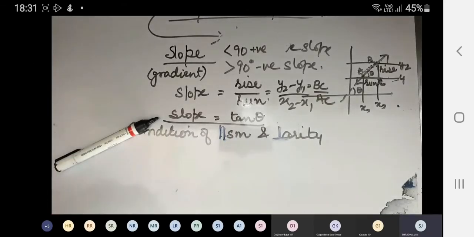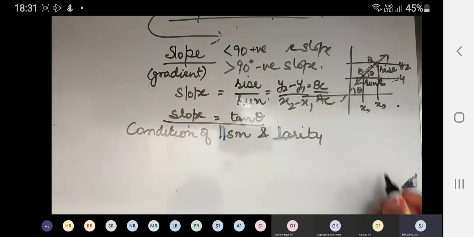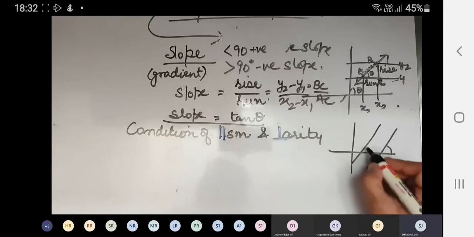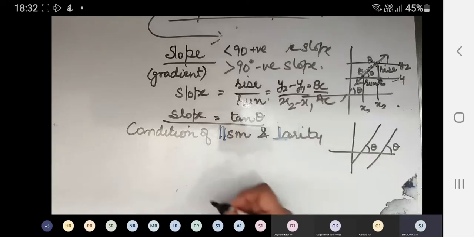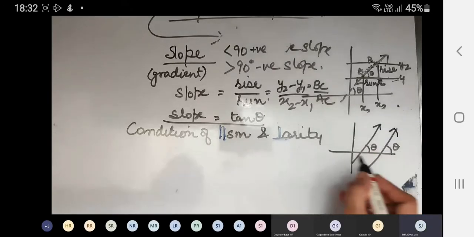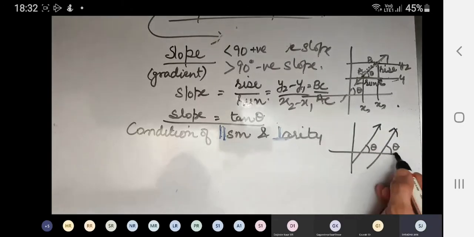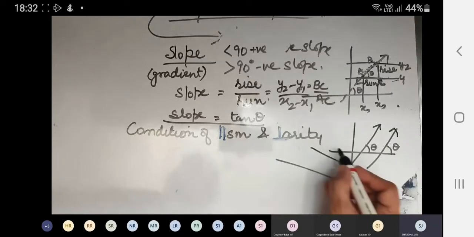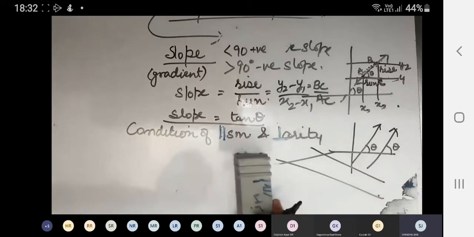When will two lines be called parallel? They have equal corresponding angles. Equal corresponding angles means they will have equal inclination. Any direction, any two lines you take, they are called parallel.